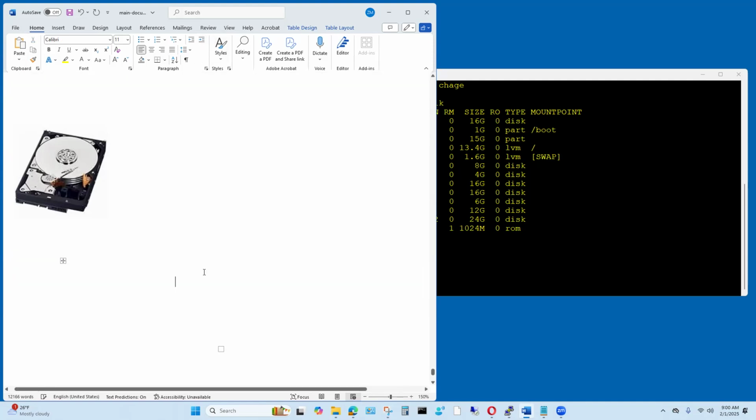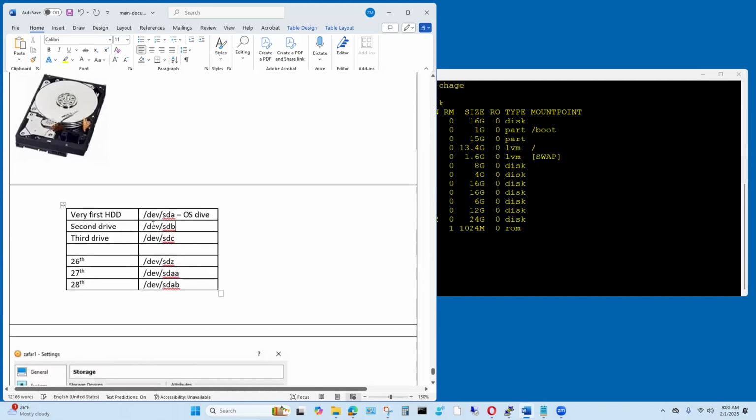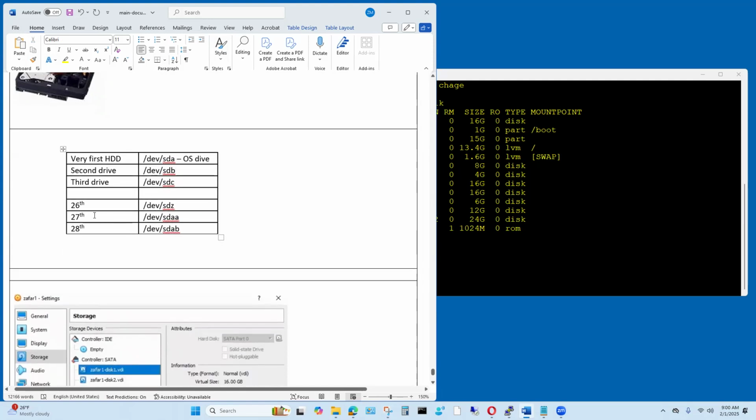So the very first disk is the OS drive, then the second drive, third drive: A, B, C, and it goes all the way to Z. How many letters do we have in the English alphabet? Up to Z, right? 26. And if you have a 27th drive, it becomes /dev/sdaa, and then it goes on.